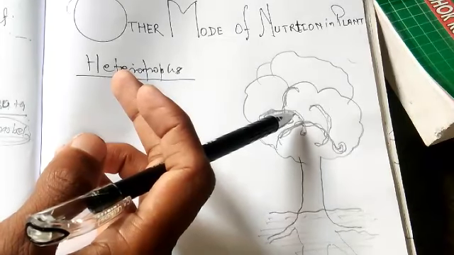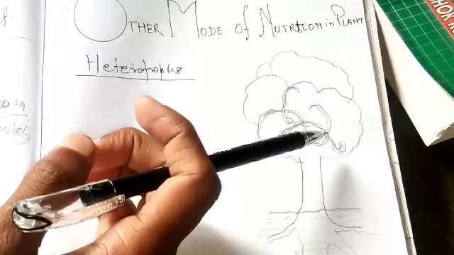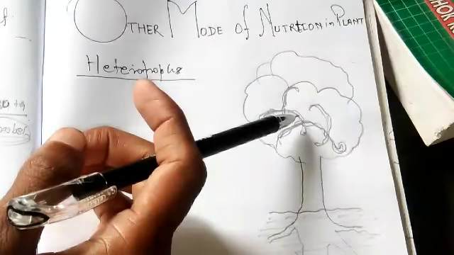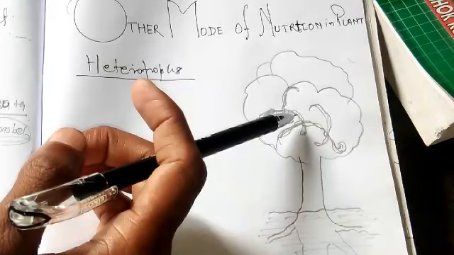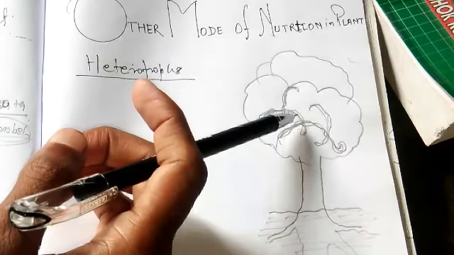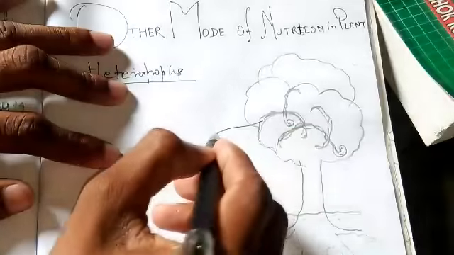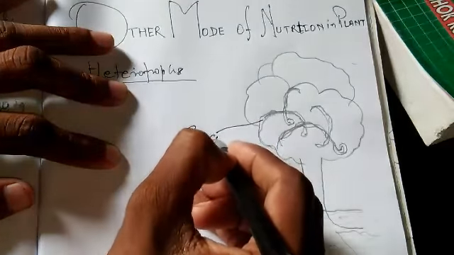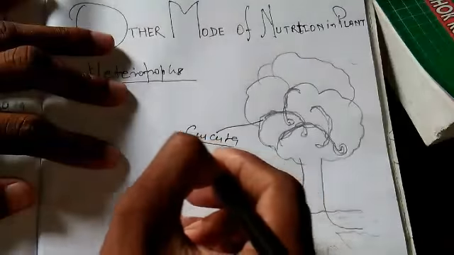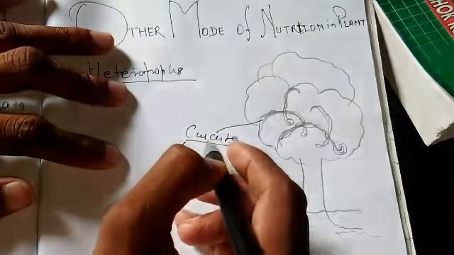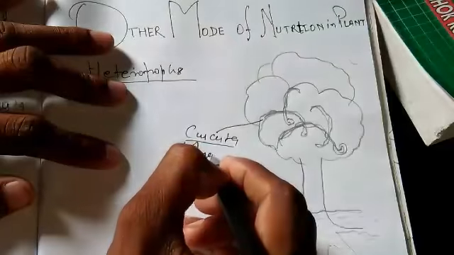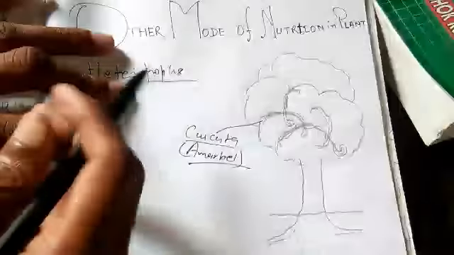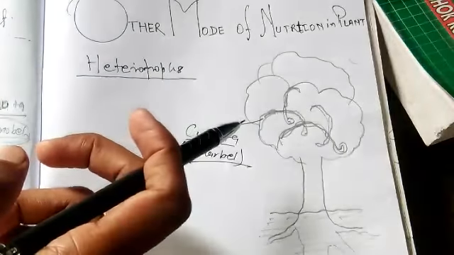Cuscuta, also called Amarbel, does not have chlorophyll. This plant has a yellow color. It does not have chlorophyll.